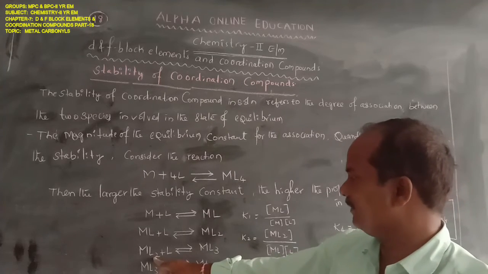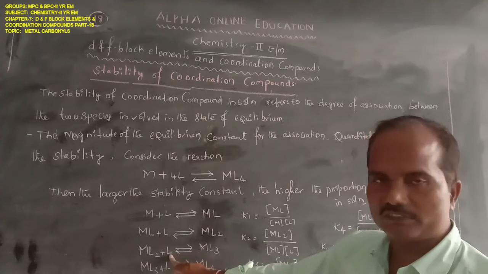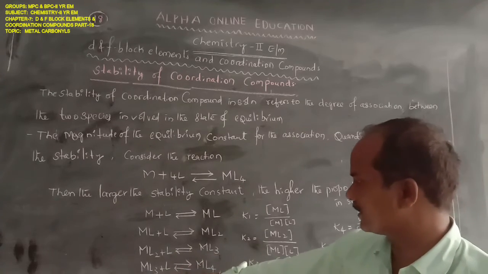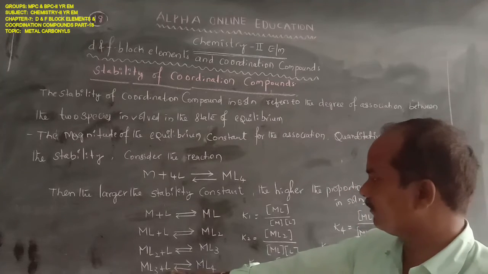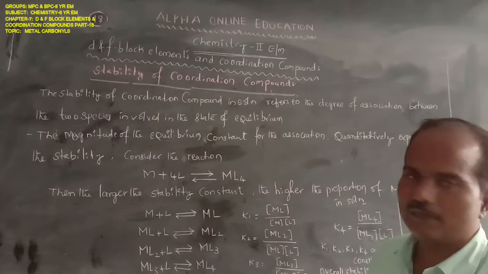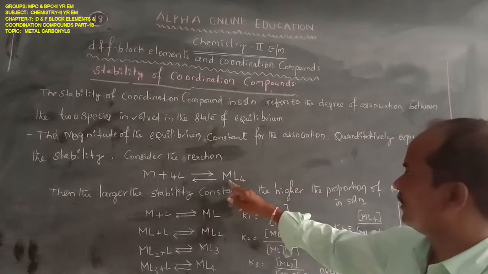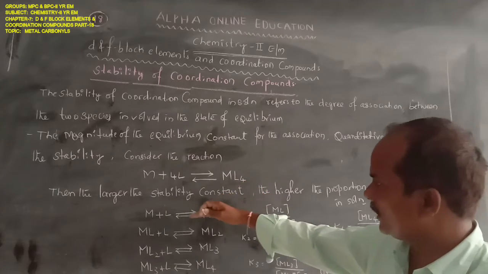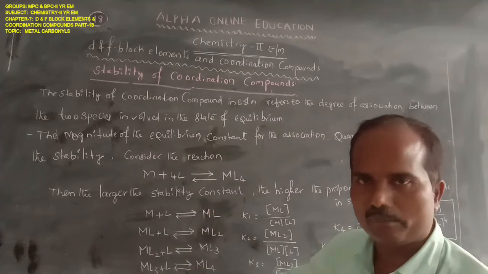Then ML2 reacts with a ligand to give ML3. Then ML3 reacts with another ligand and ML4, the 4 coordinated complex, is formed in a stepwise manner.